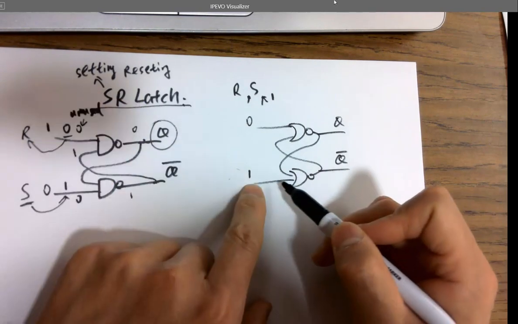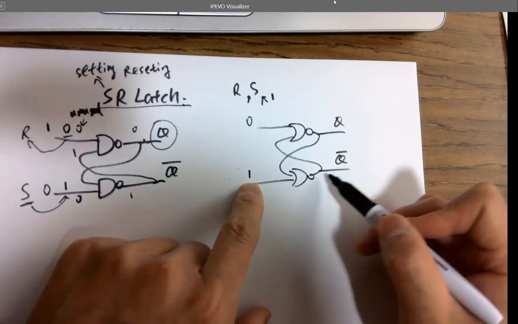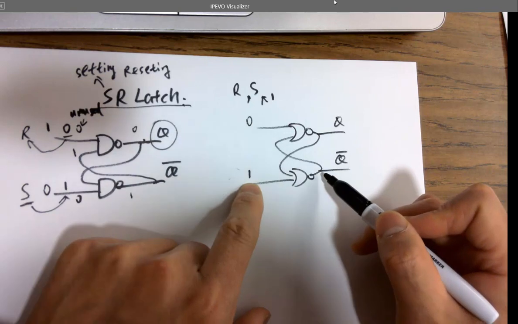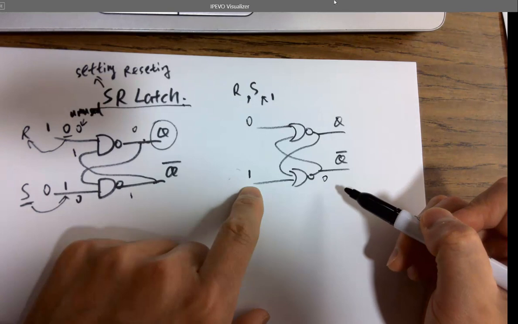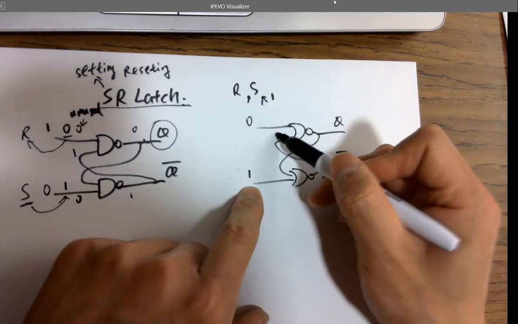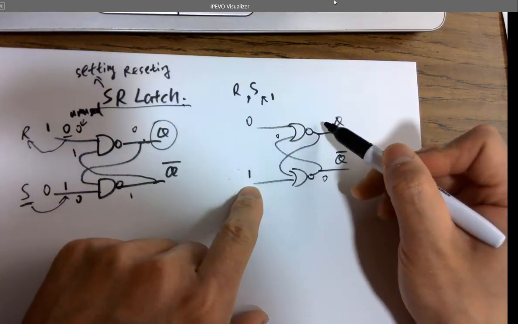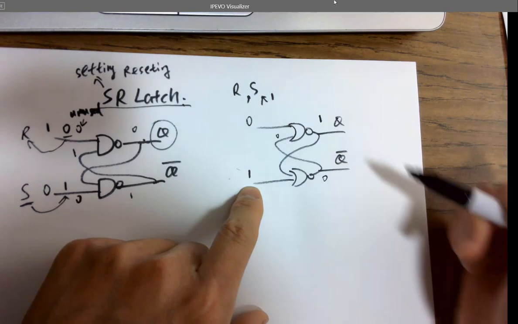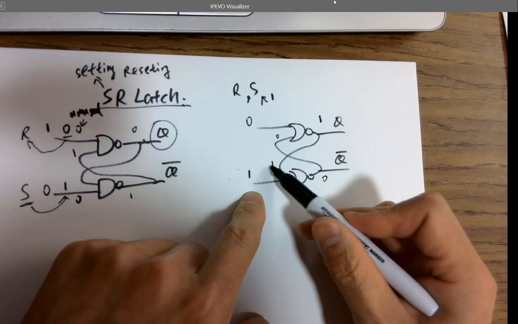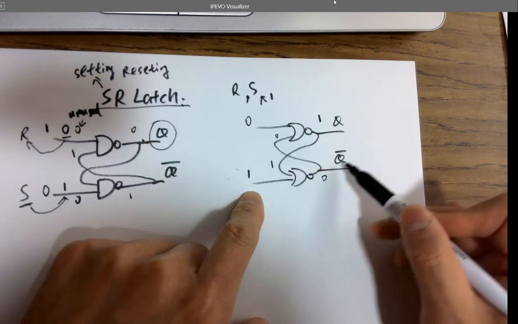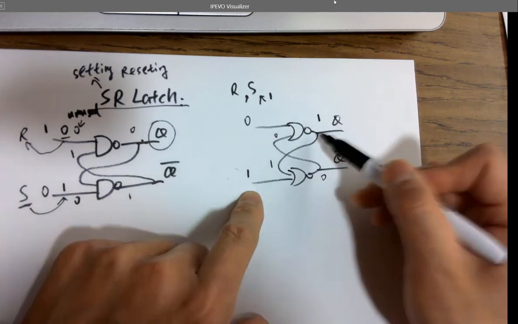We want to start from here because 1 will give you a definitive answer for output for the NOR gate. So you are getting 0 here. Okay, so 0 will be fed back to here. 0, 0 becomes 1. All right. So 1 being fed back here, 1, 1, 0. So stable. Okay. 1, 0, 0, 1. Stable. So it's going to stay there.